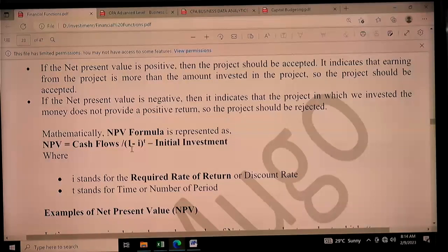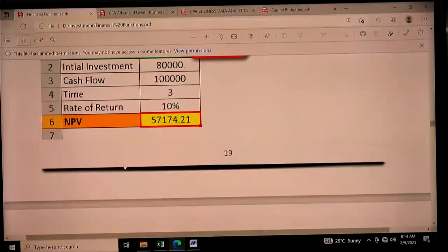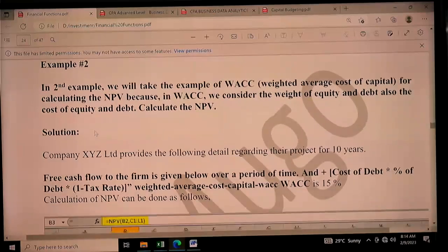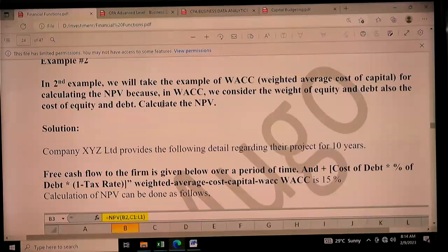So our next discussion, the question was a bit different because, in the second example, you are given a weighted average cost of capital for calculating the net present value.